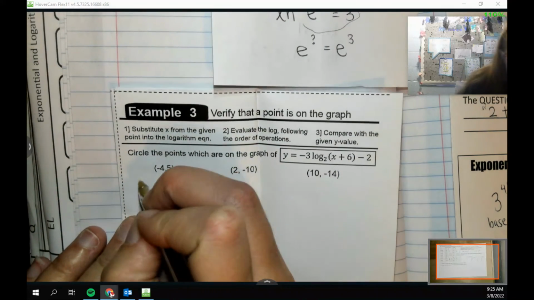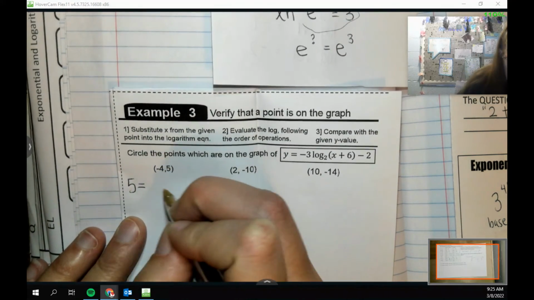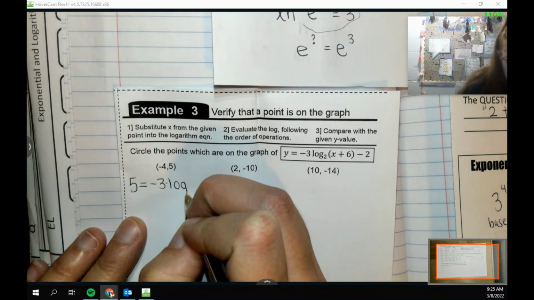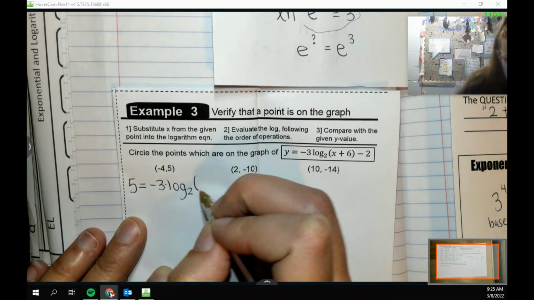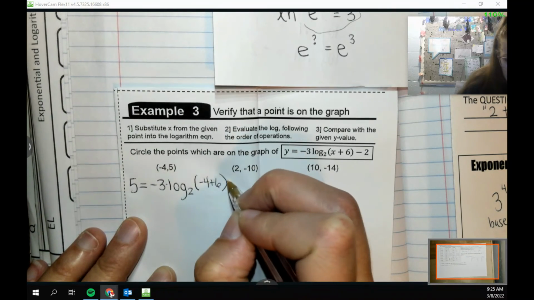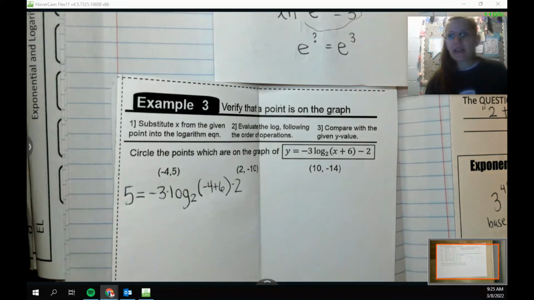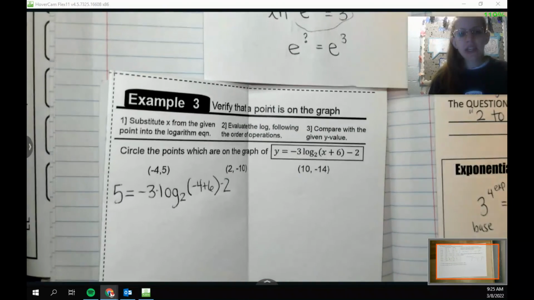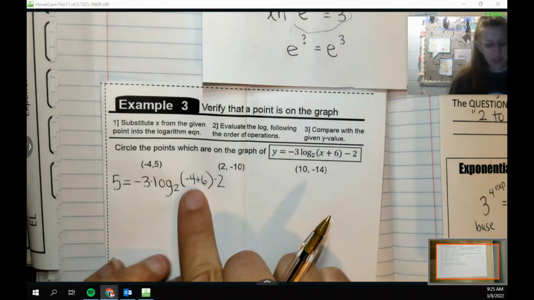So we'll have 5 equals -3 times log base 2 of -4 plus 6 minus 2. And then we just want to follow good order of operations to evaluate. We have to do what's inside parentheses first.